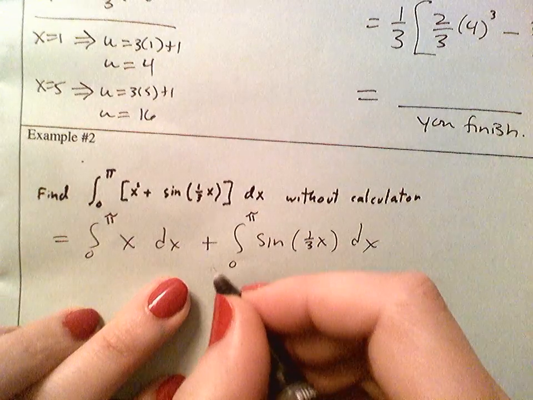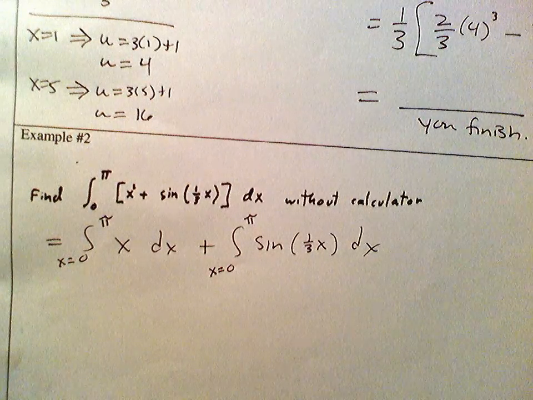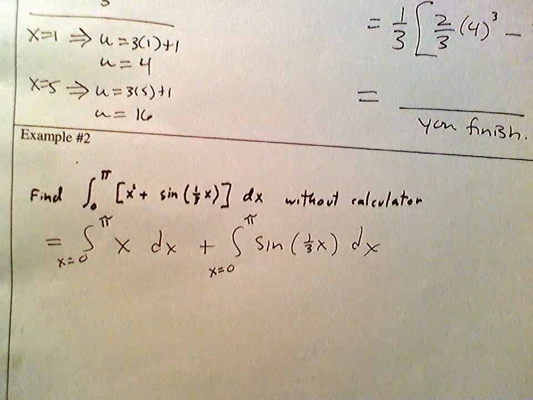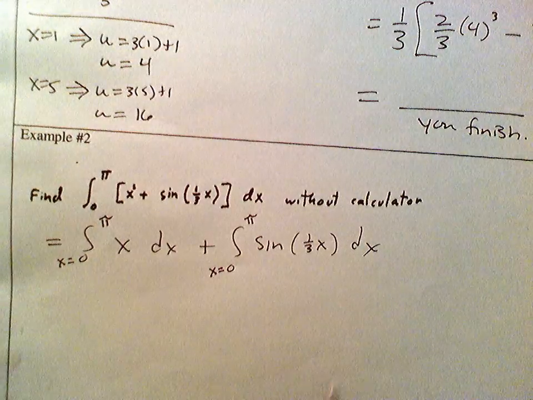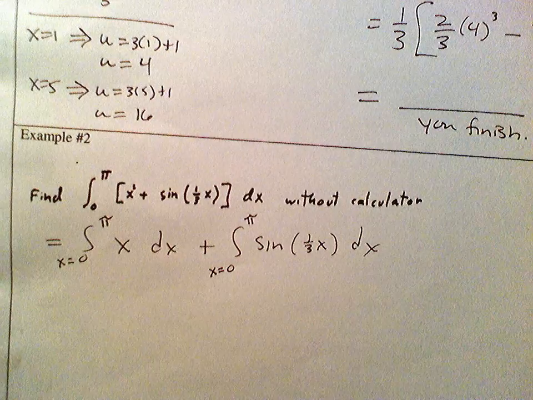If you want, since we're going to be using u substitution, I think it's a good presentation to be clear to your reader that those are x values. But then again, this dx at the end kind of should imply that. I wouldn't take off if you didn't do that.